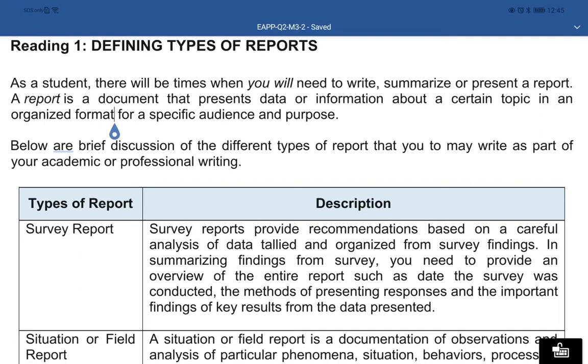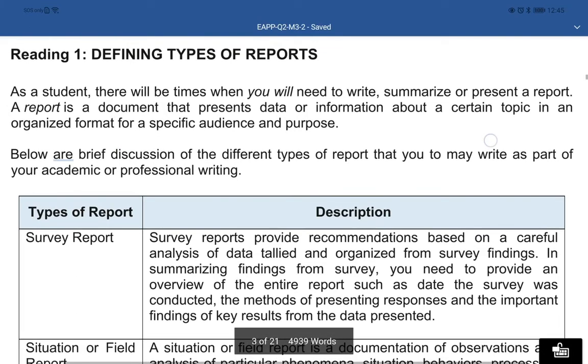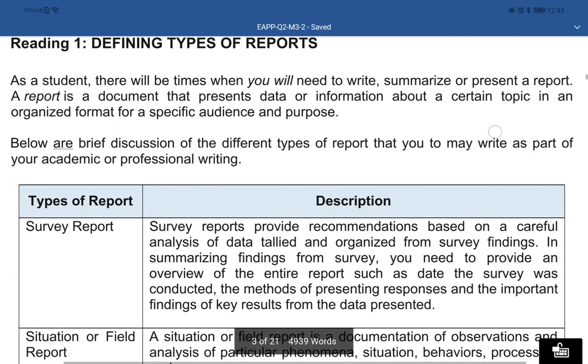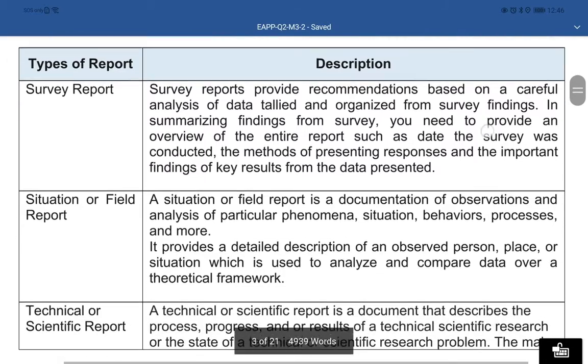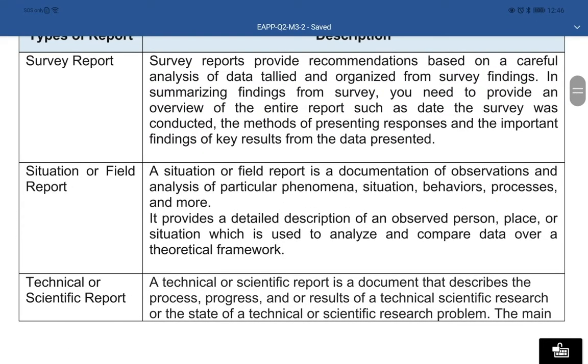Example, you want to know who are the leading bets for the 2022 presidential elections. So you'll be asking a lot of people. Thus, you're doing a survey. Once you're done doing that survey, what you will do is a survey report. Through the survey report, you will be presenting the results of that survey.